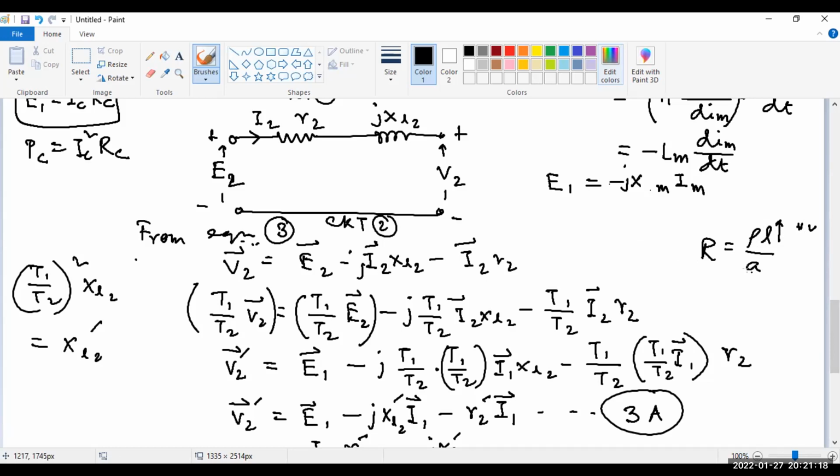You know that for the high voltage coil, less current will be passing, because voltage is high means current will be low. So for low current, you don't need a higher cross section. The cross section you can reduce. Okay, so this is how you are ensuring high value of resistance.